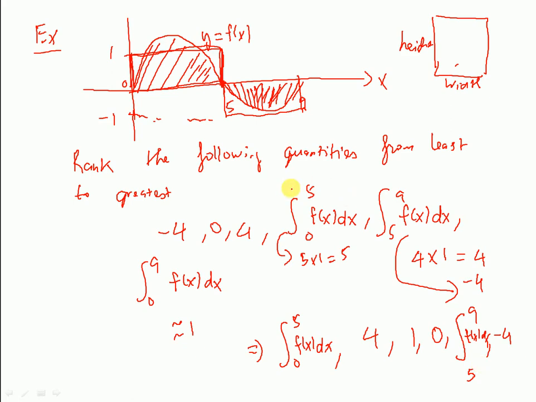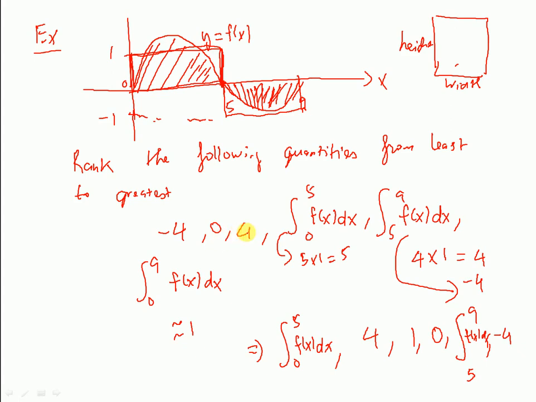So let's summarize this. We have -4, 0, 4, and these three integrals. We know the values of minus 4, 0, 4. Now we want to estimate this value so we can compare. This one gives you around 5, so it should be the highest value. This one gives you somewhere less than minus 4, but this one is minus 4, so this one should be bigger. So I put it here, and then minus 4 the last one.